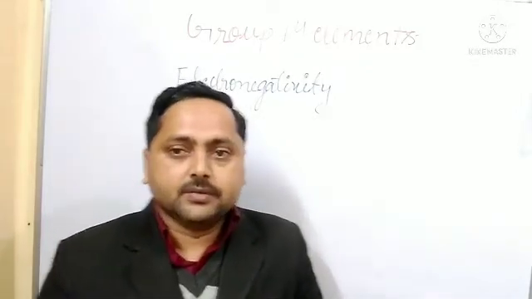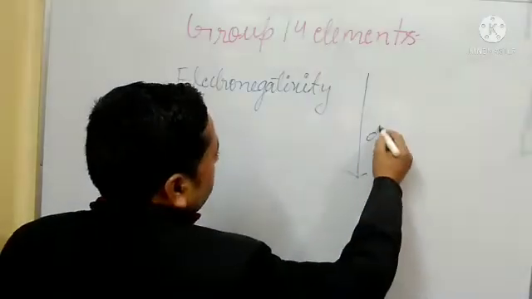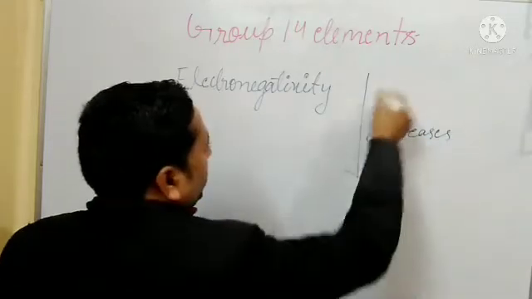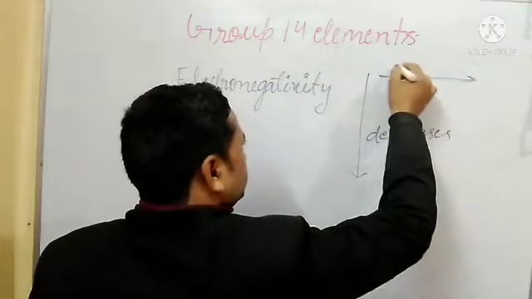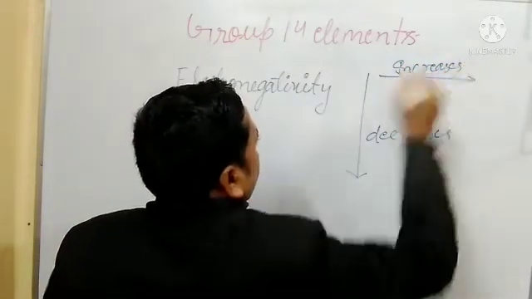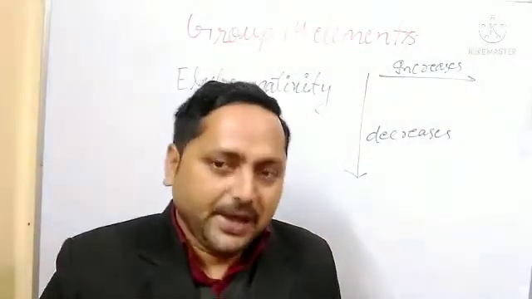The normal trend is that electronegativity decreases down the group and increases across the period. But something different is observed here due to the intervening d and f orbitals.